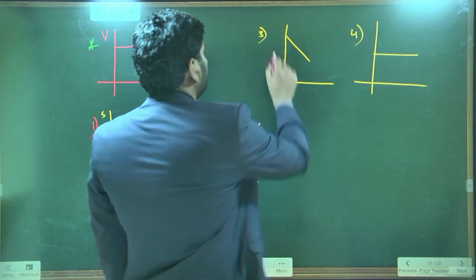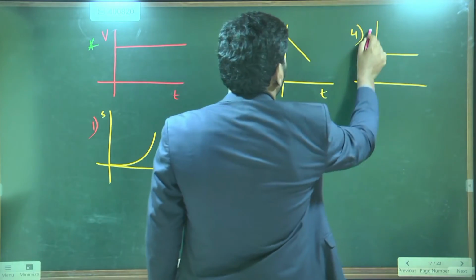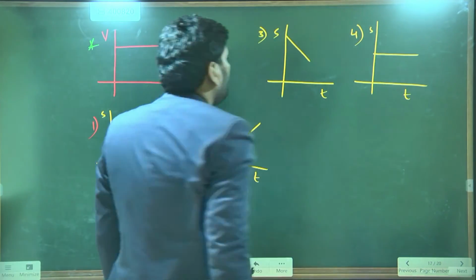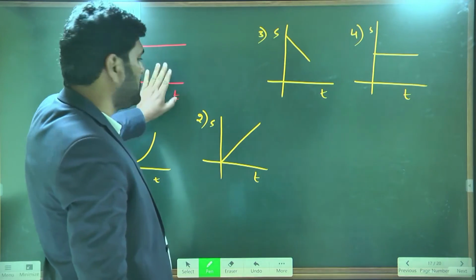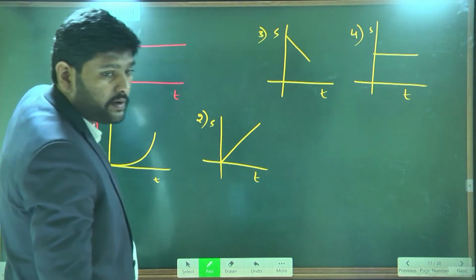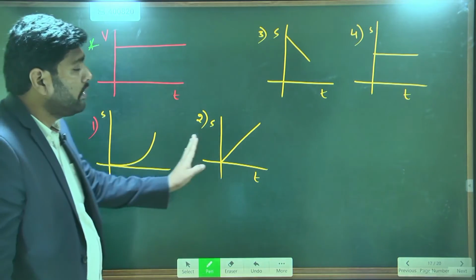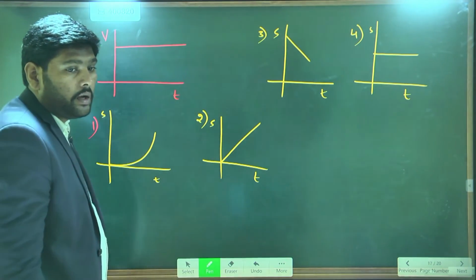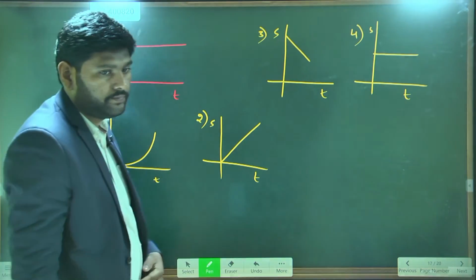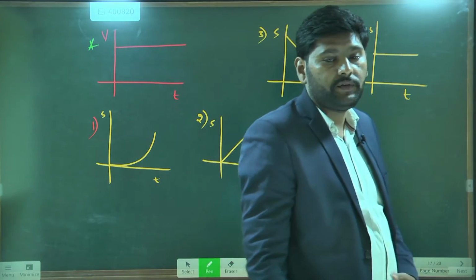This is distance versus time. Now, actually, this is speed versus time. For this speed versus time graph, which of the following graphs is suitable?